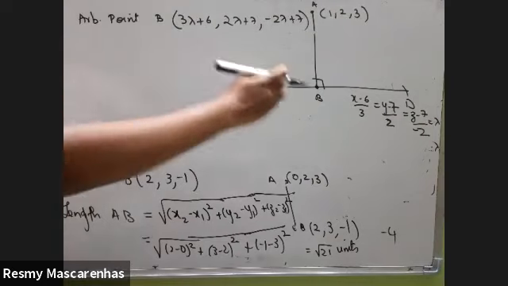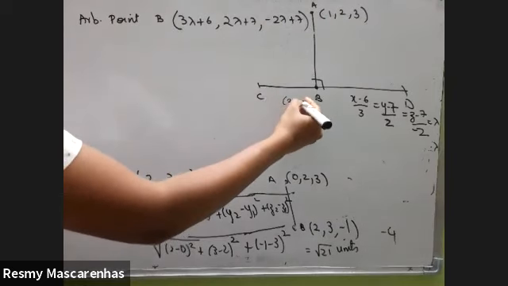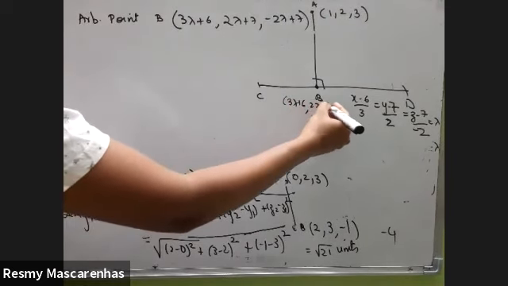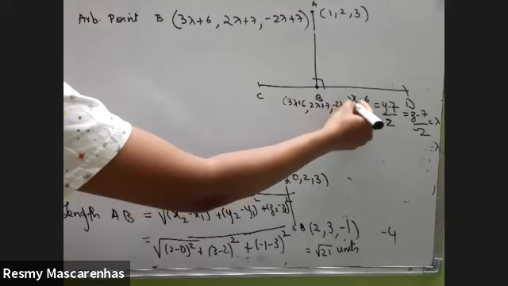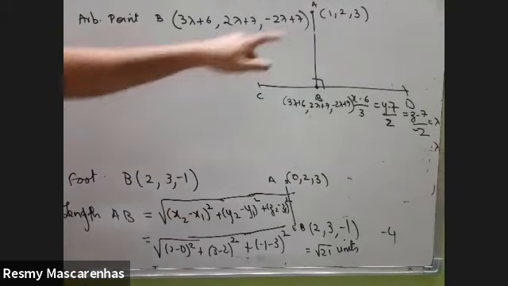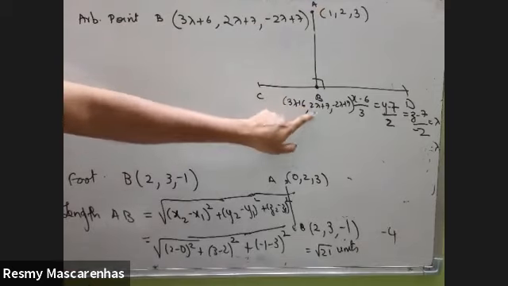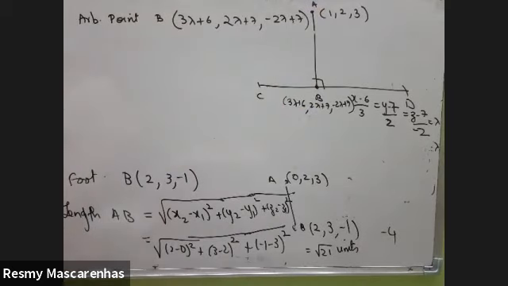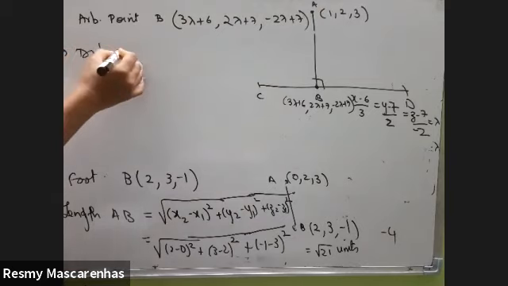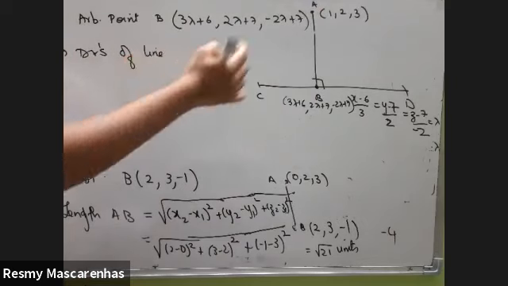Want to write here? You can write. So this is my point A and this is my point B. After the arbitrary point, we have to find the direction ratios of both the lines, whichever way you want first.